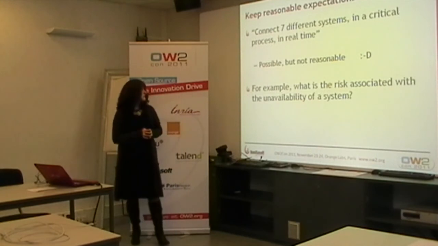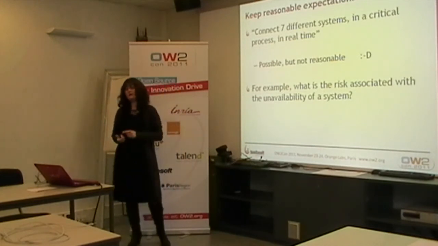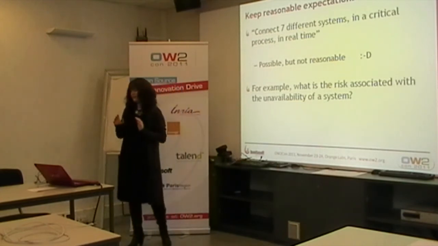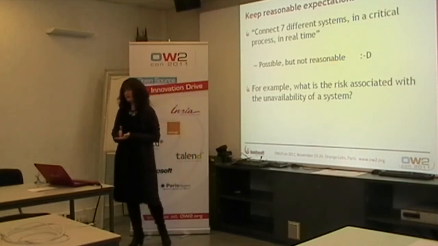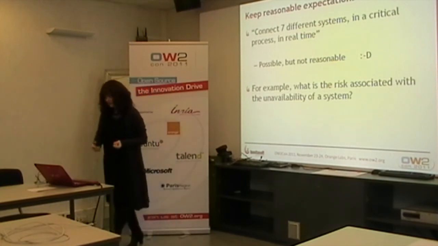So set expectations right and assess the risk associated with A, availability, B, accessibility. If you have a completely secured system, but it is so secure that when you want to call an API your rights are denied, well, too bad, it's not working, etc.